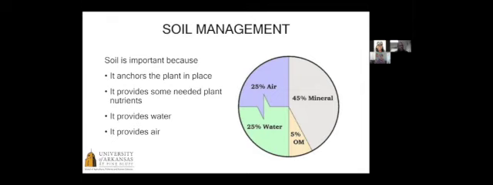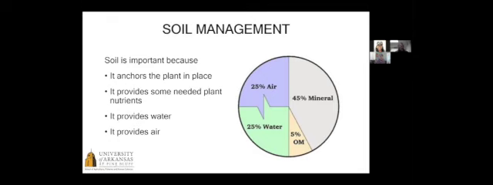The physical components include the individual particles and the size of those particles, which is what we refer to as the soil texture, as well as how these particles are arranged, or what we refer to as the soil structure.